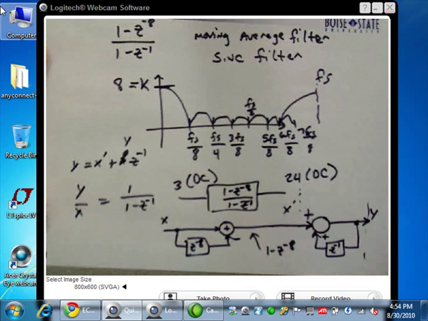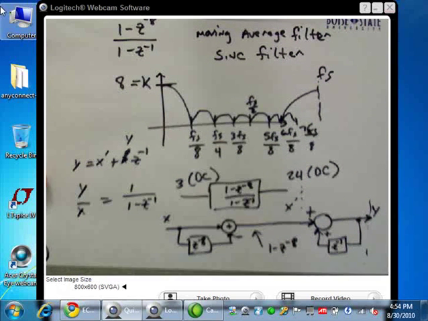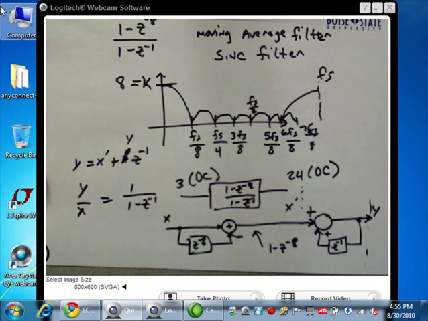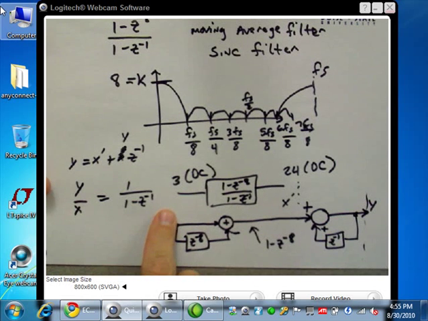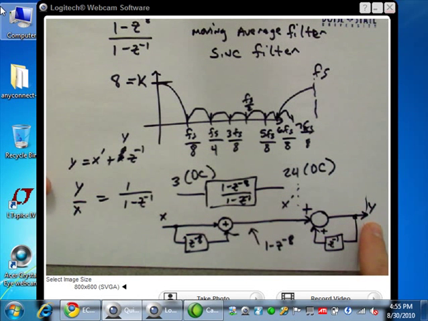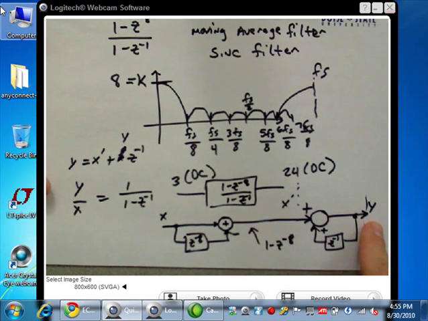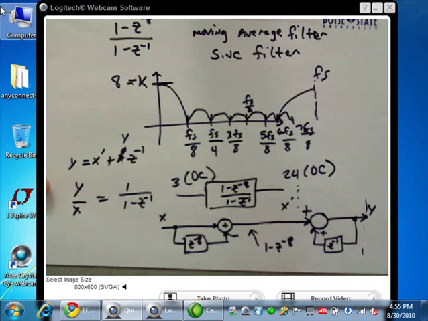Okay, I got a question. Oh wait, before I ask my question, are there any other questions? In this filter, if I were to put an impulse in the input, how long would it take it to appear on the output? It'd be immediate, right? Let's verify that's the case in the filter response.